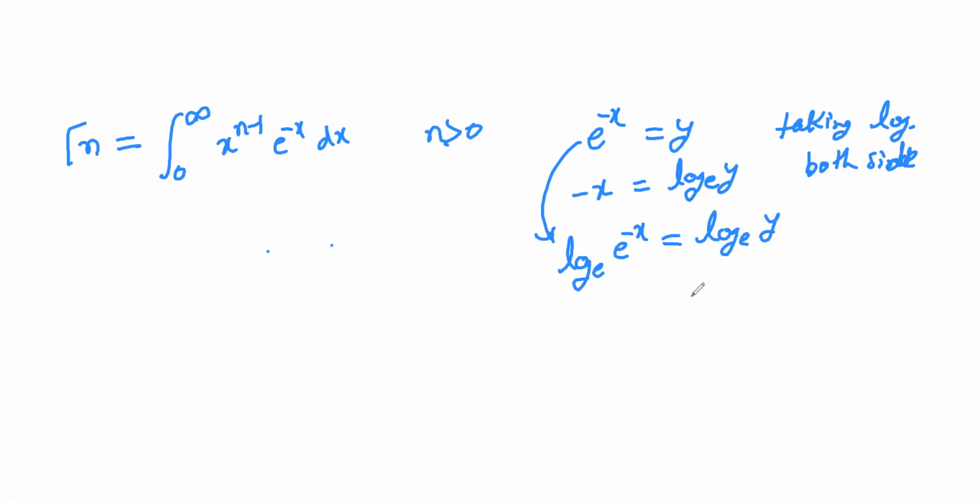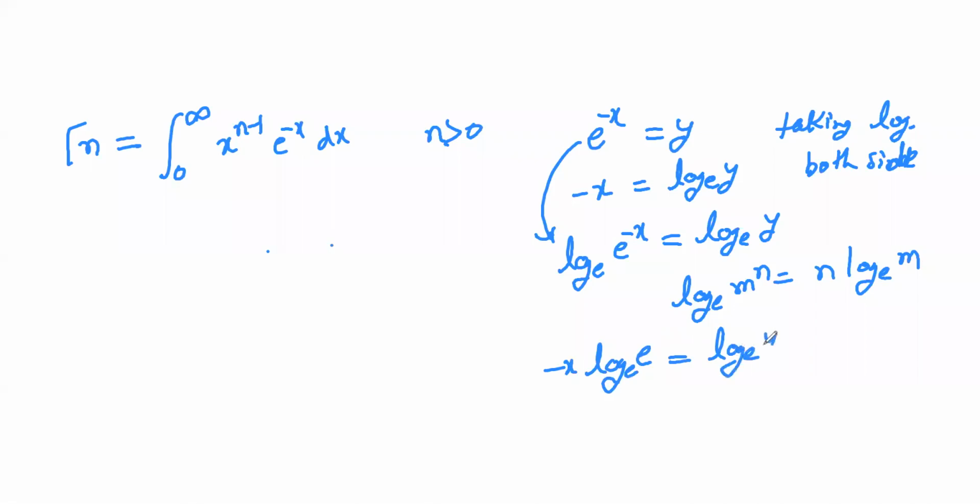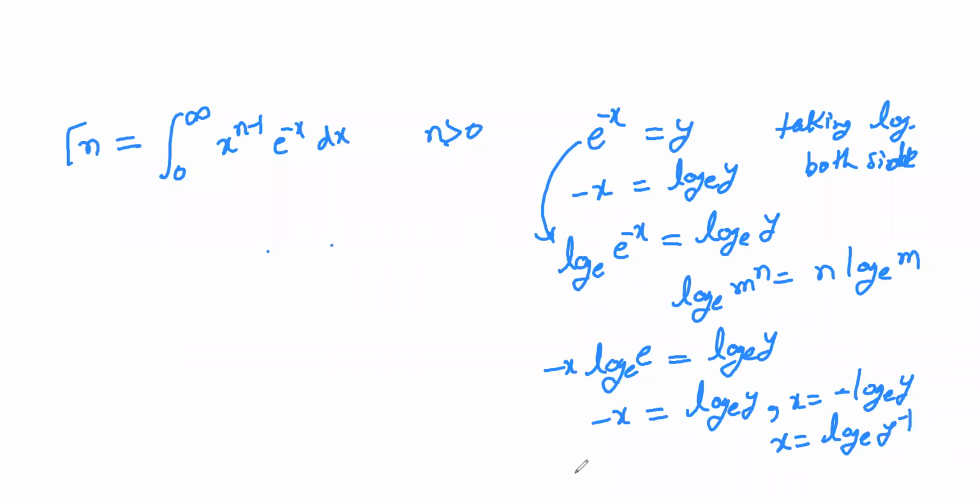Log m raised to n is n log m, so minus x log e e, and log e e is 1. So minus x is equal to log y. It means x equals minus log y, so x is log y raised to minus 1. So can I write x equal to log e of 1 upon y.